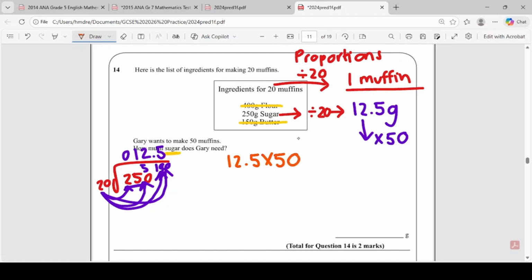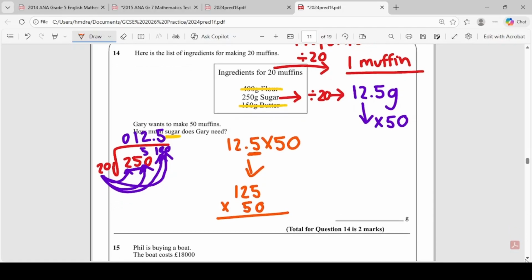When I'm multiplying with decimals, I just take note of how many decimal places there were. So there was 1 decimal place, and that's what I need in my final answer. But when I set up my multiplication, I can just say 125 times 50, and I can just leave the decimal place. I don't have to worry about it when I'm actually working it out.